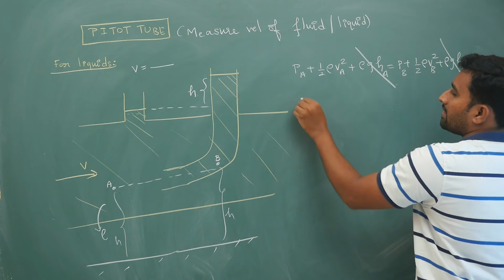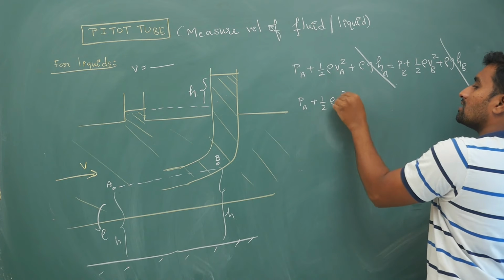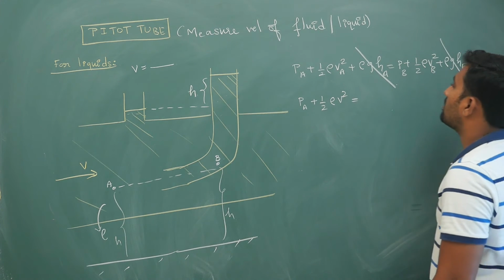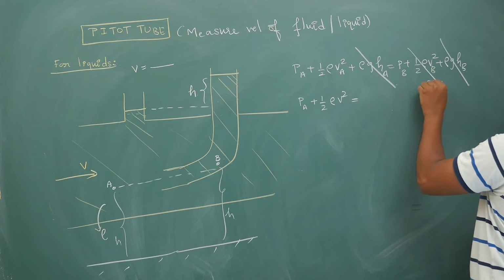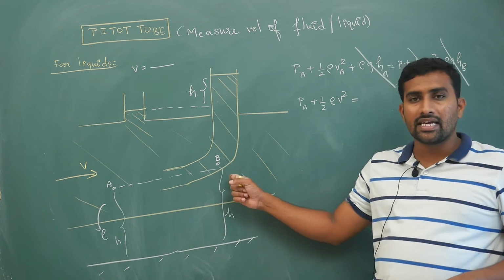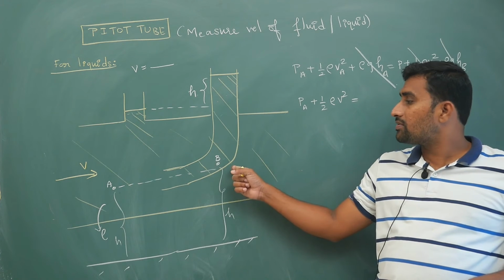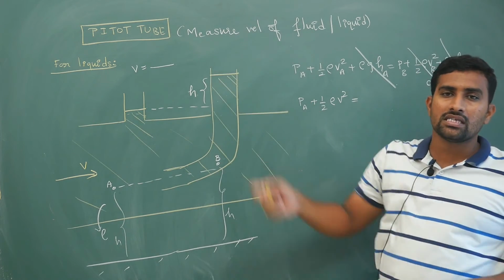Your pressure at A plus half rho velocity at A, which is v square, is equal to half rho VB square. Velocity at B is 0. Why is it 0? Because it is striking this surface, and when it strikes, eventually it will come to rest, because this liquid will not rise further.